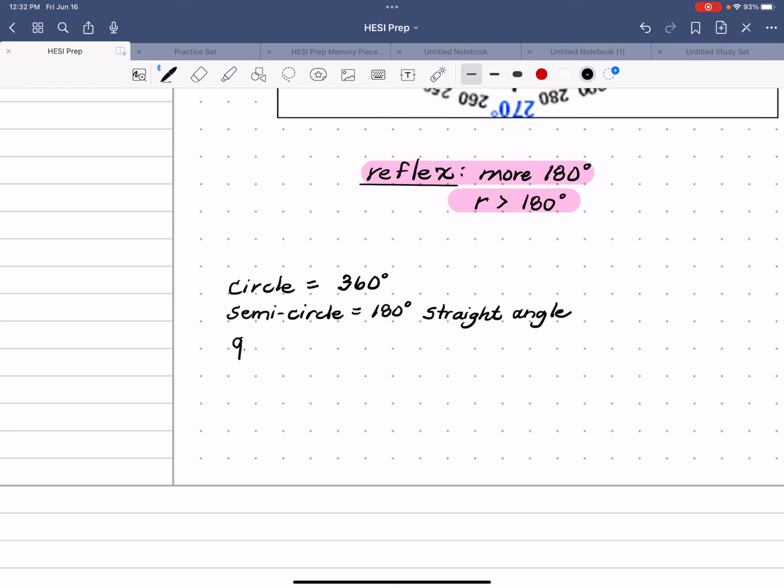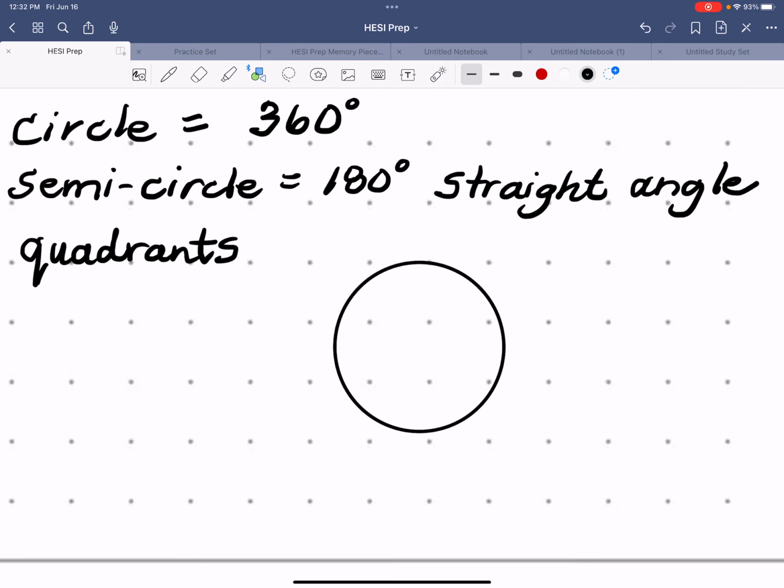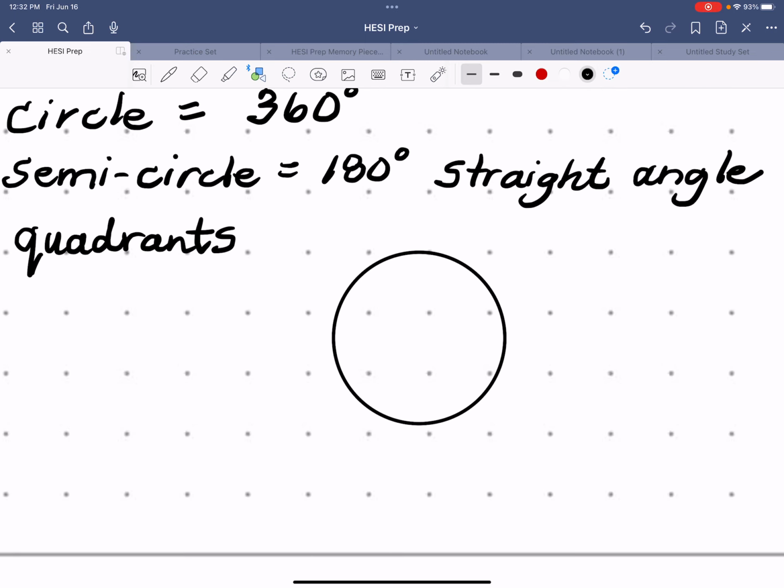Quadrants. That is a term that you sometimes see. Quad means 4, but let's look at why that's true. So there's my perfect circle, which we know to have how many degrees? 360. So I'm going to cut it this way.